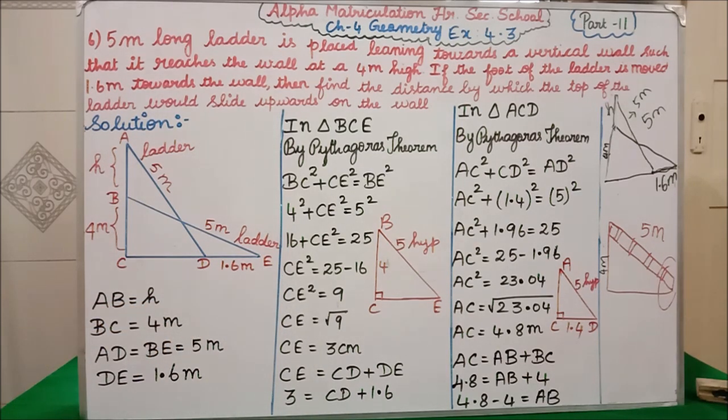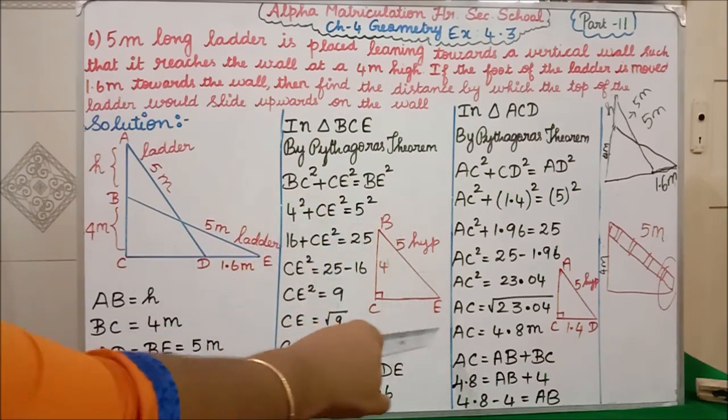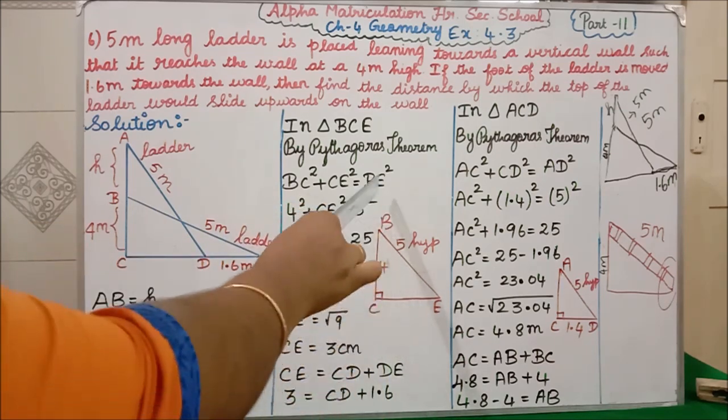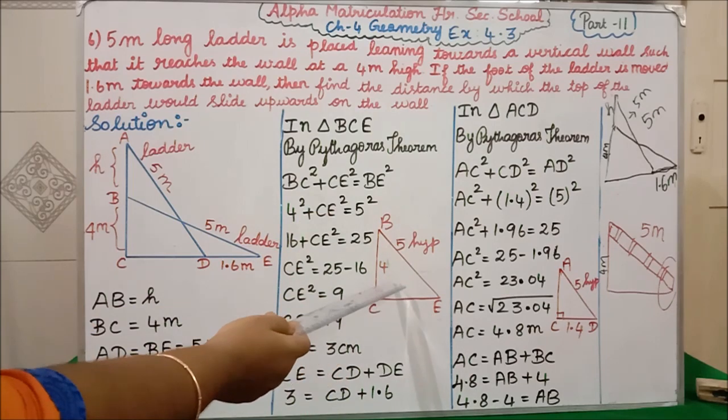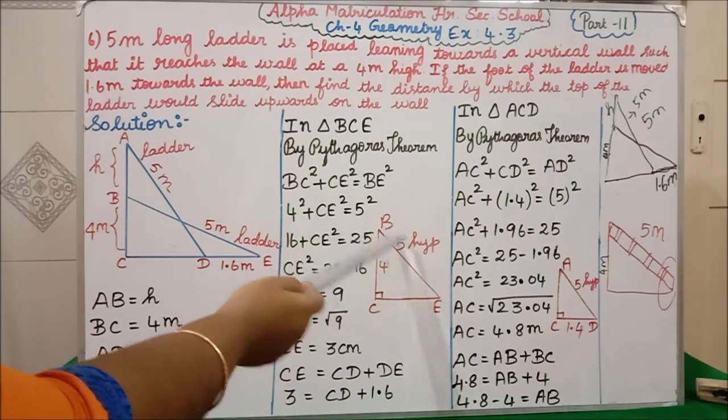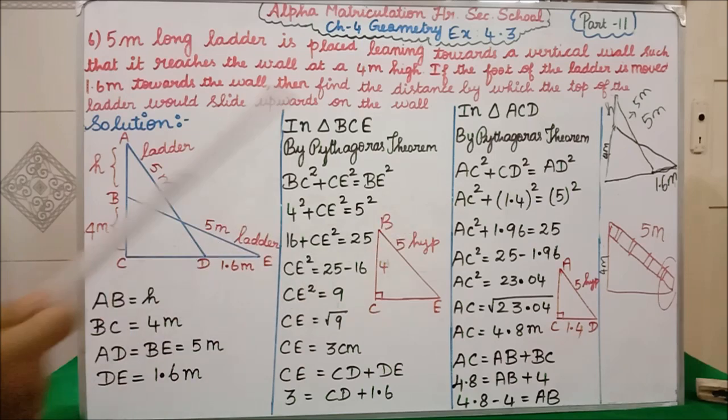Now first, what triangle are we having? BCE. See, I have drawn BCE separately. This BC is the wall. What is the wall height? 4 meter. And 5 is the ladder, which I have written as HYP, meaning hypotenuse.